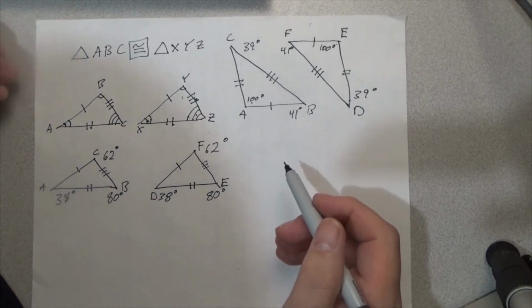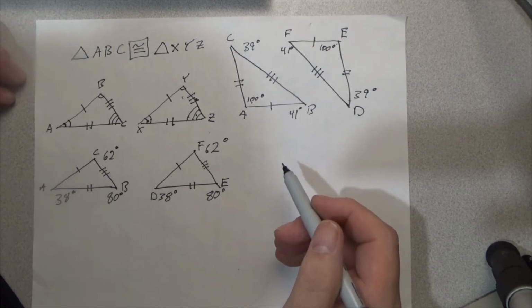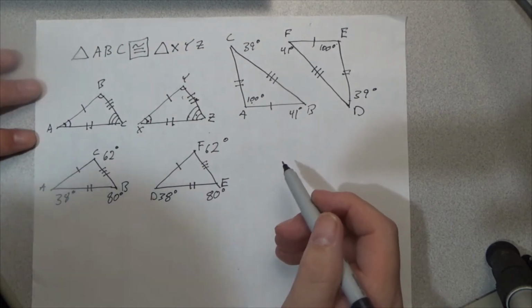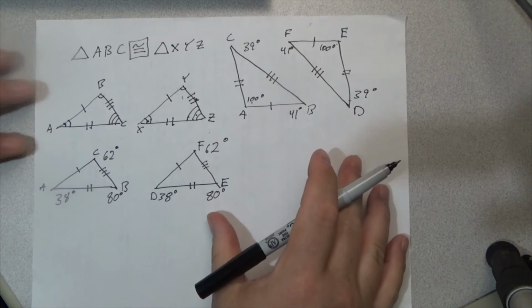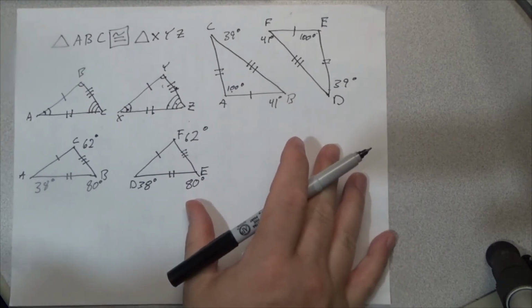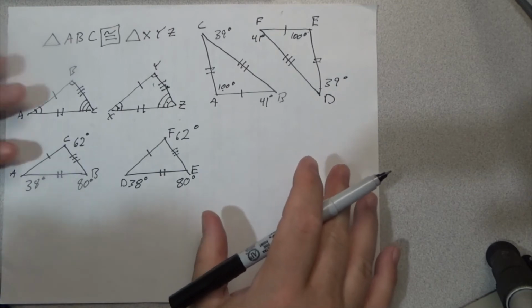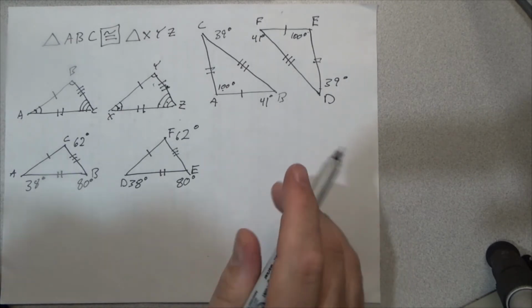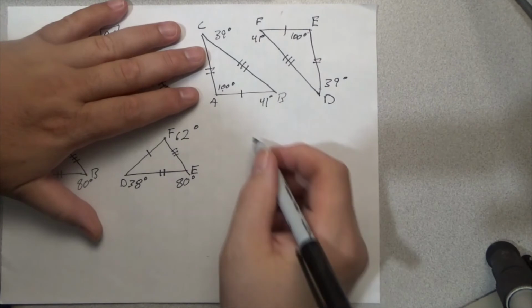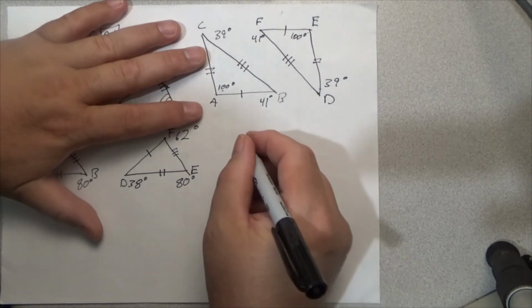Okay, so let's take a look at some of the exercises on page 583. I want to look at number 8 and number 10. Number 8 and number 10. Okay. So let me see if I can get that drawn.